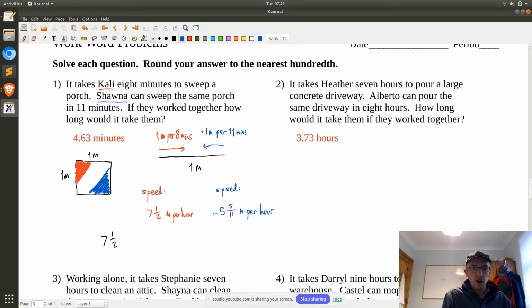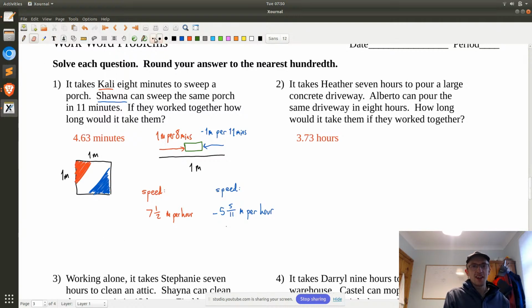Okay. So, the correct way to see it is you need to think about the gap in between them, which is closing up. Okay. Kali is contributing this much to the closure of the gap. That's their speed. And then Shauna is contributing this much. So let's combine them because they're combining forces, right?